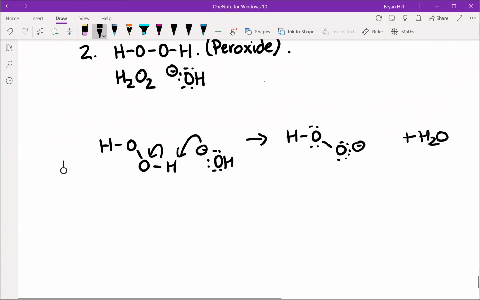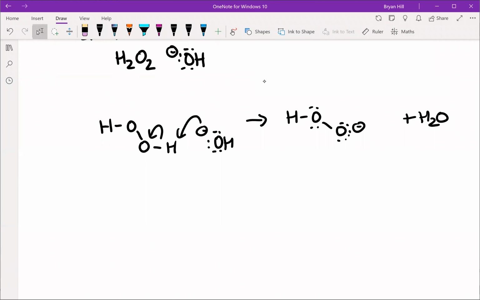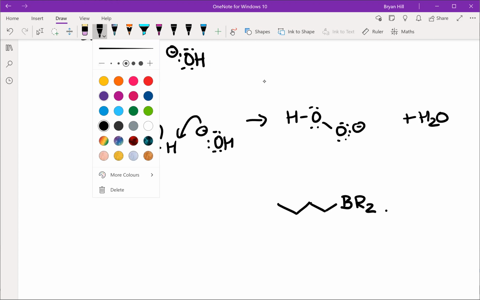And you will notice that our alkyl borane, and I'm just going to draw one carbon here, I'll put R2 here. This boron has still got an empty orbital, right? So this peroxy anion, actually it's a peroxide, just it's deprotonated. This comes in and attacks. This will attack as we would expect.